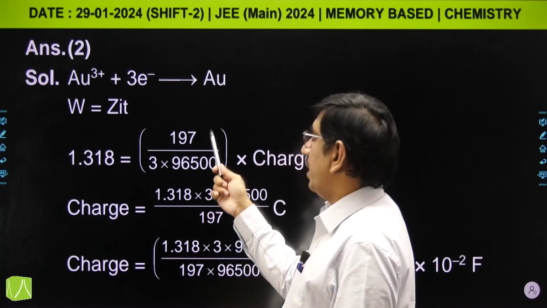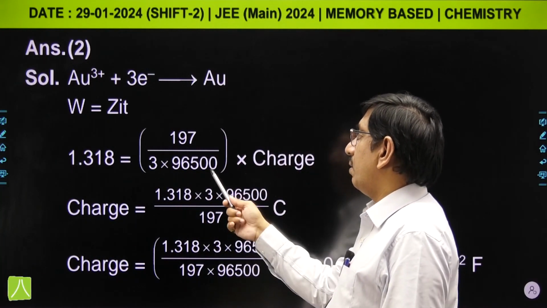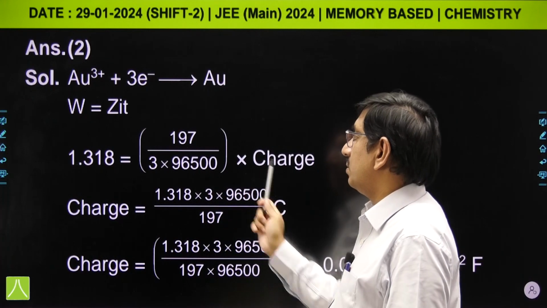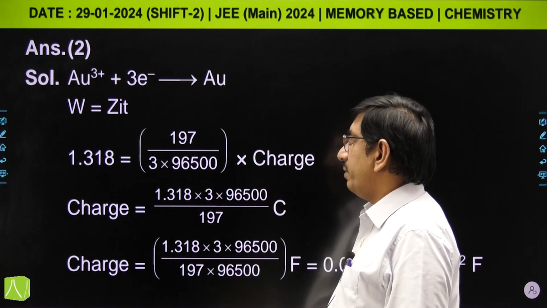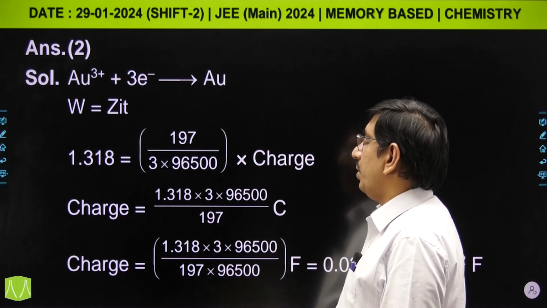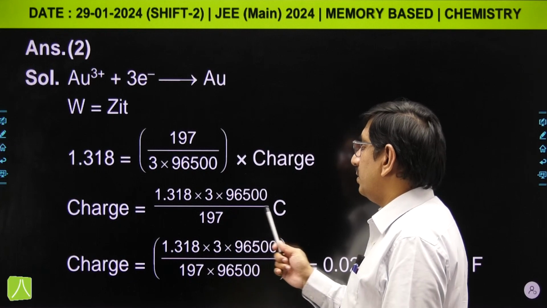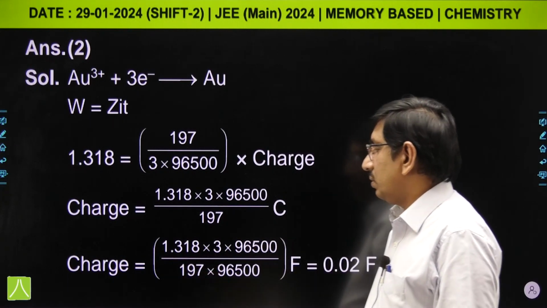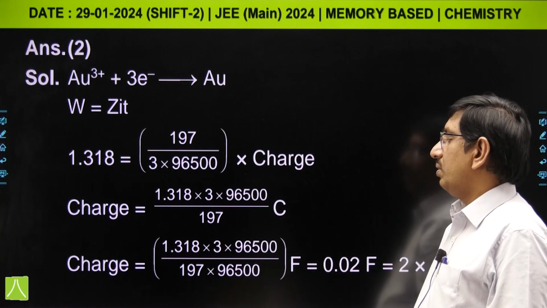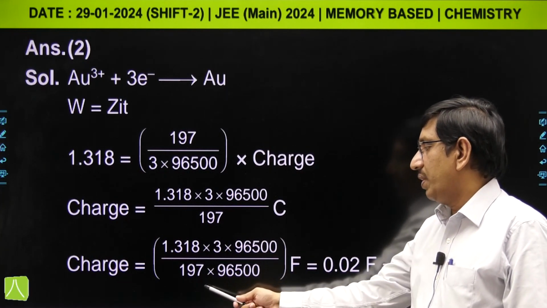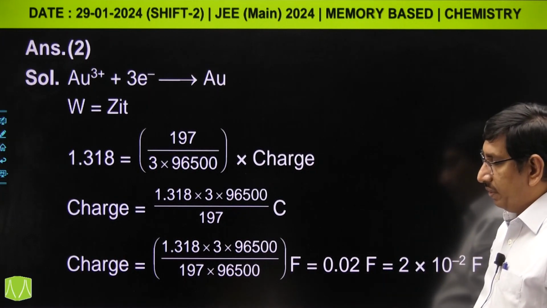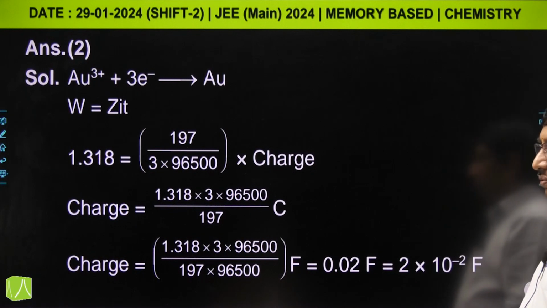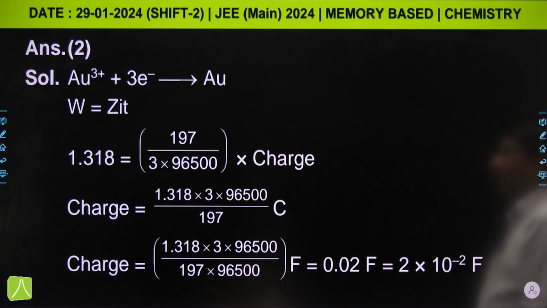Z can be calculated as atomic mass upon number of electrons into Faraday constant 96,500, into charge, that is I into T. Now, to find charge, 1.318 into 3 into 96,500 by 197 coulombs, and dividing by 96,500 to convert into farad, that can be equal to 0.02 farad, and it can be 2 into 10 power minus 2 farad. So, answer can be 2.